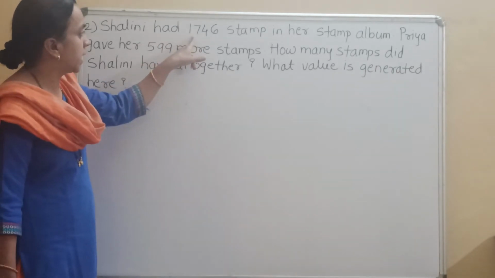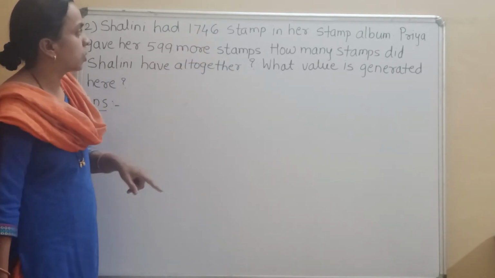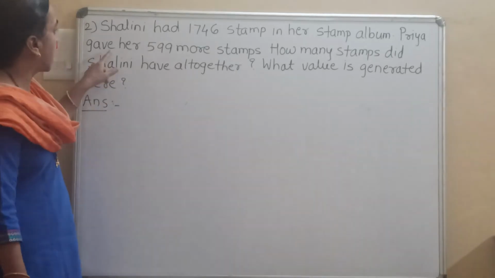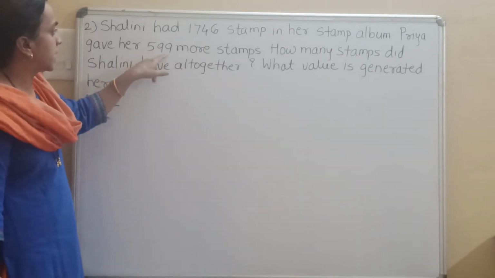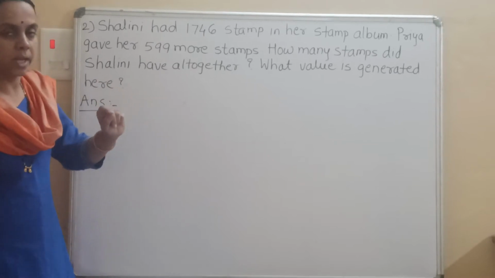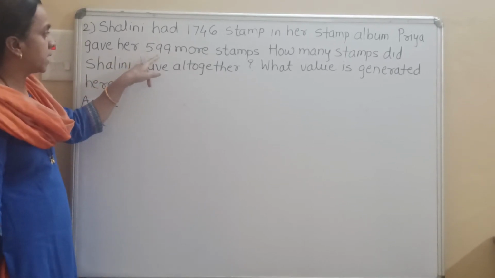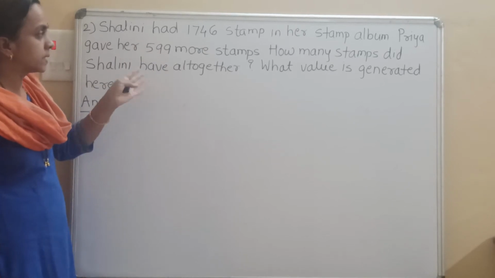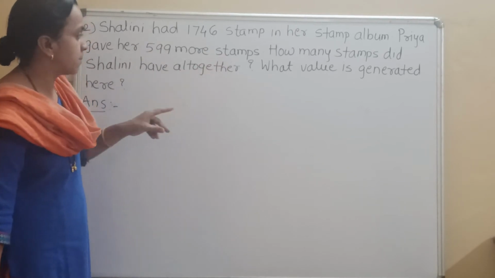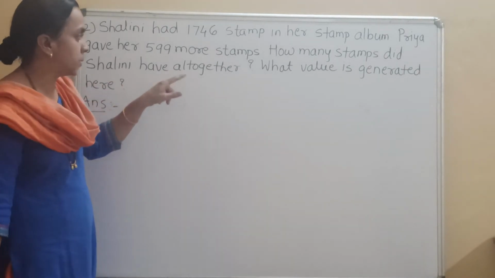So she had 1746 stamps. Then Priya gave her 599 more stamps. Priya उसकी एक फ्रेंड है, उसने फिर और उसे 599 स्टैम्प्स दिए. How many stamps did Shalini have all together?